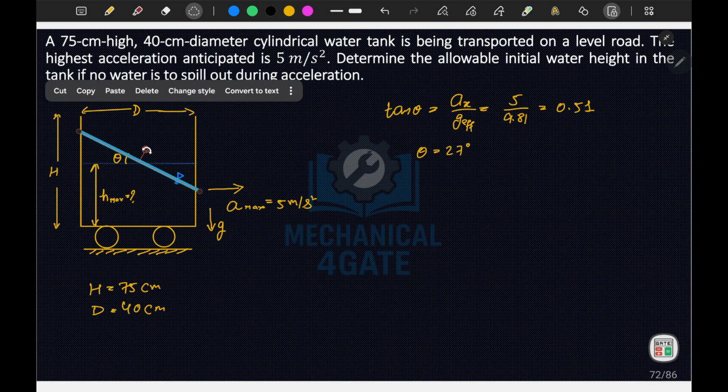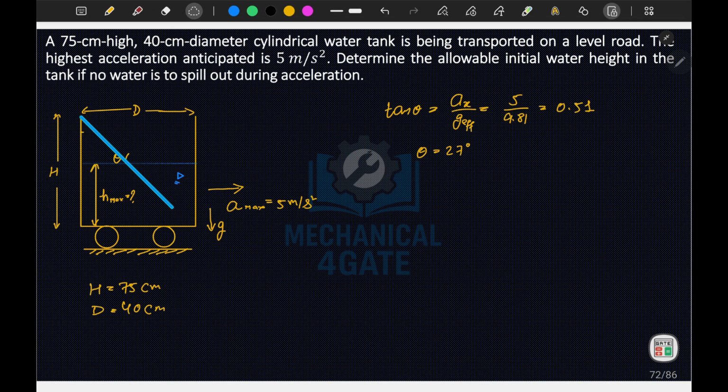Our condition should be like this, it reaches here, this point is here. It should be something like this. I hope you get this point. So this should be our final condition.